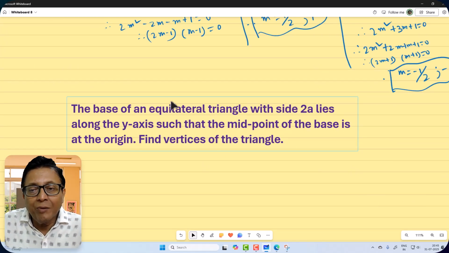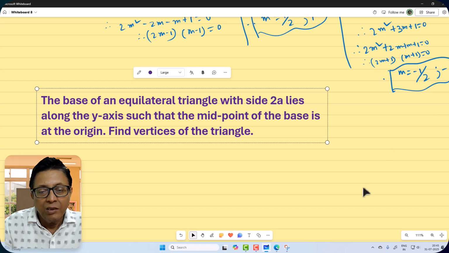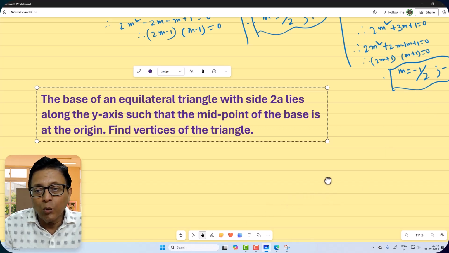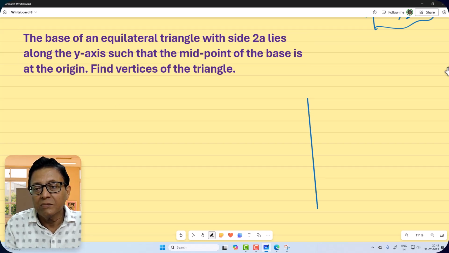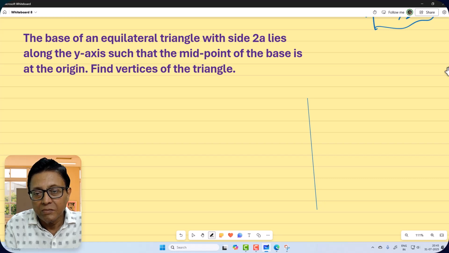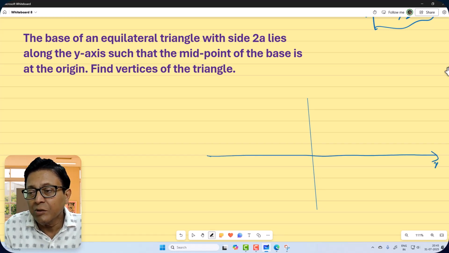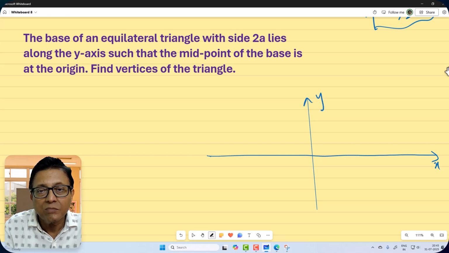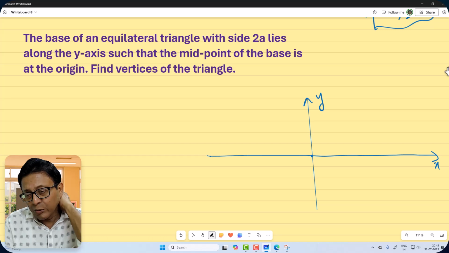The base of an equilateral triangle with side 2a lies along the y-axis such that the midpoint of the base is at the origin. There are two possibilities, you have to find both. Midpoint of the base at origin.